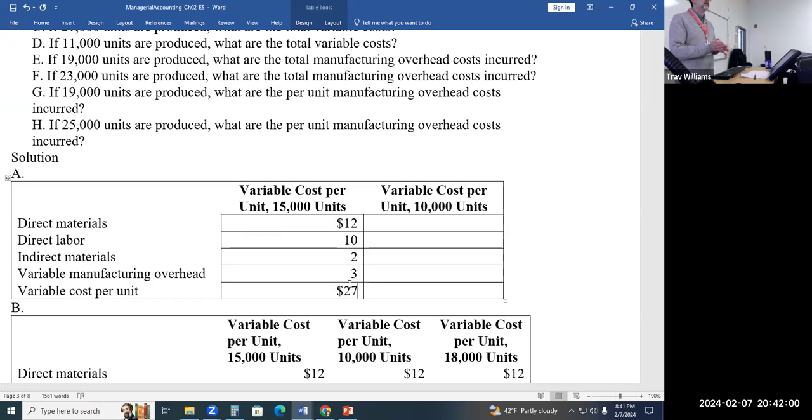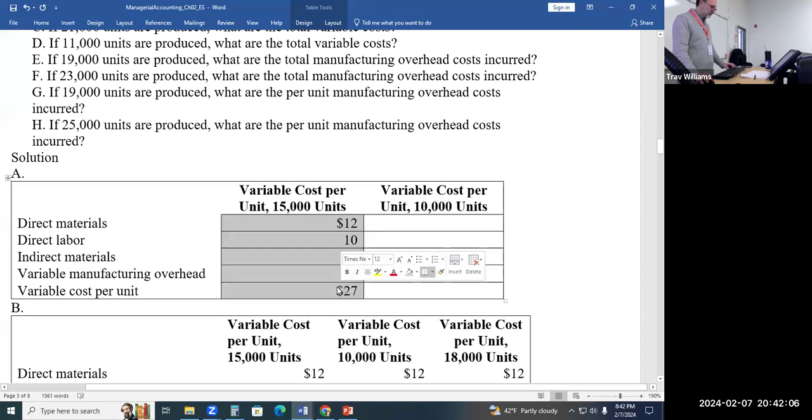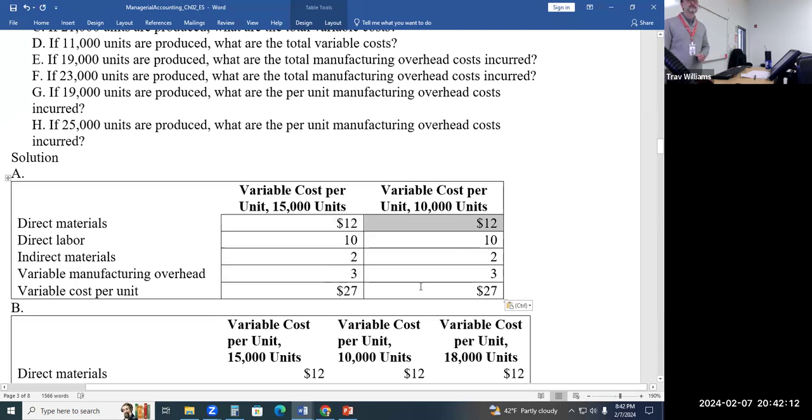And we already said that that variable cost per unit will stay the same, regardless of how many units we produce. So that same amount goes under 10,000 units. The total will change, right? Once we multiply by the number of units, but the variable cost per unit stays the same. So that is all we have to do here for A. Any questions?